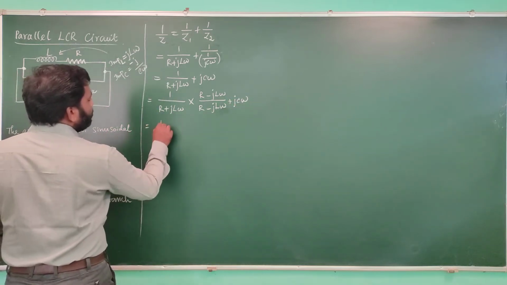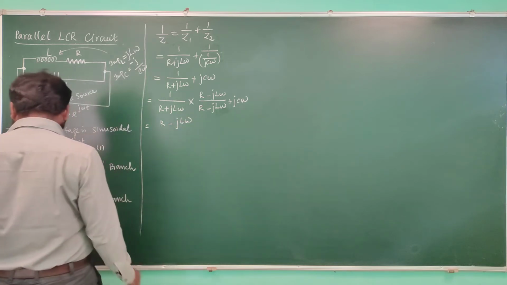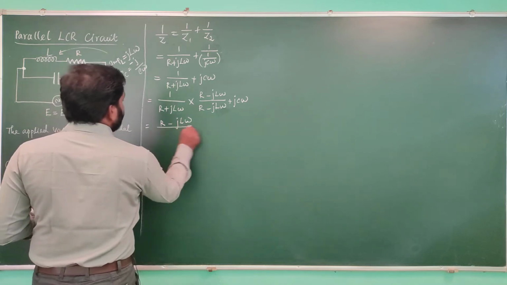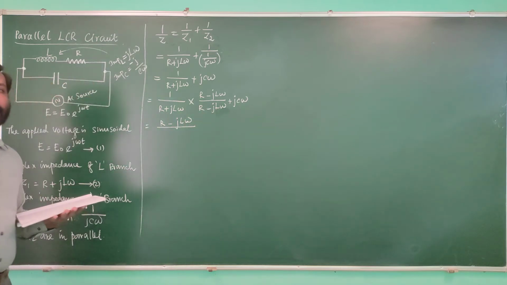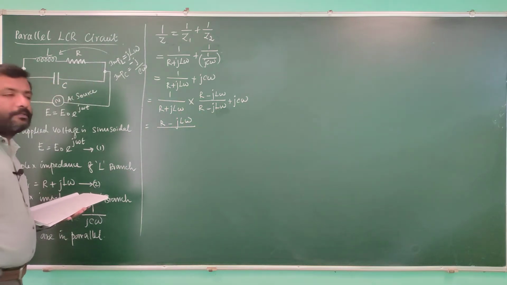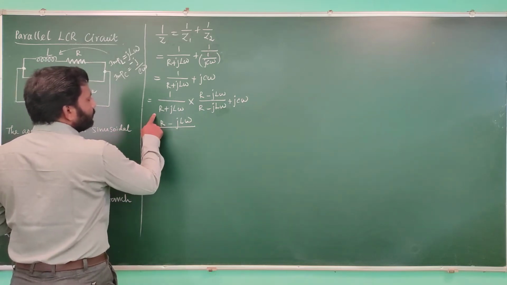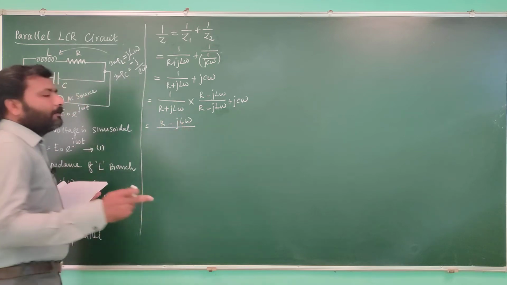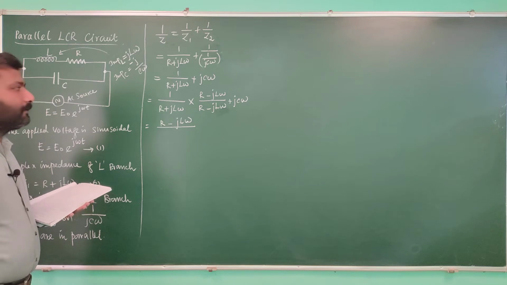Now the numerator becomes R minus j L omega, divided by A plus B multiplied by A minus B, which is A square minus B square.